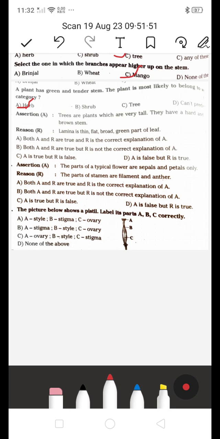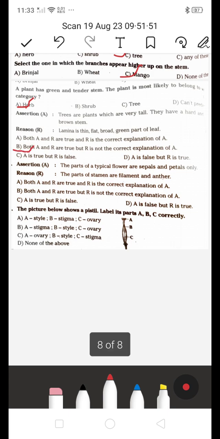Trees are very tall plants with a hard and thick brown stem. Yes, A is right. And lamina is the thin, flat, broad, green part of the leaf. So both A and R are right, but R is not a correct explanation of A.